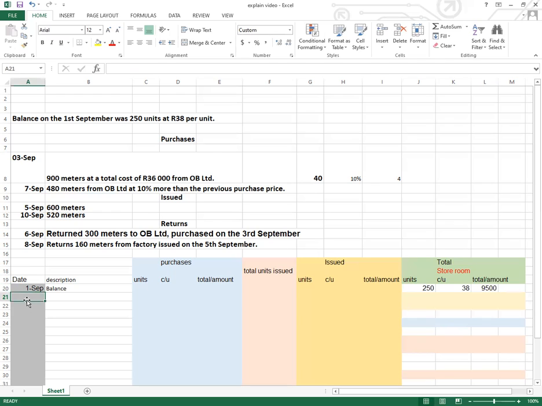Okay, remember we are going to put our dates in order. We have been given our dates, but they are not in order, so be careful of dates.